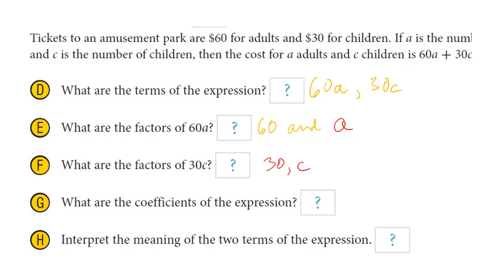What are the coefficients of the expression? Well, the coefficient is the factor that you are multiplying your variable by. So in this case, I'm multiplying A by 60 and I'm multiplying C by 30.